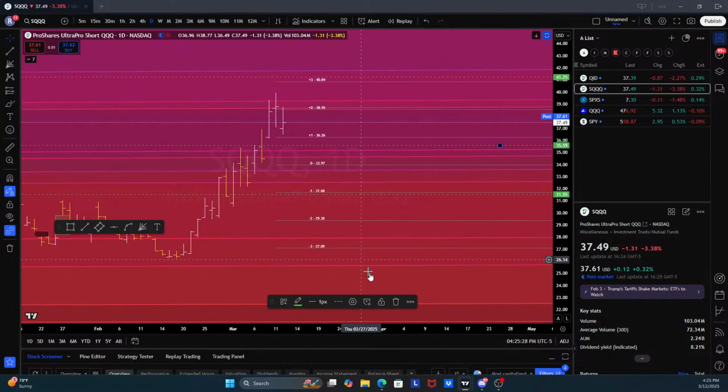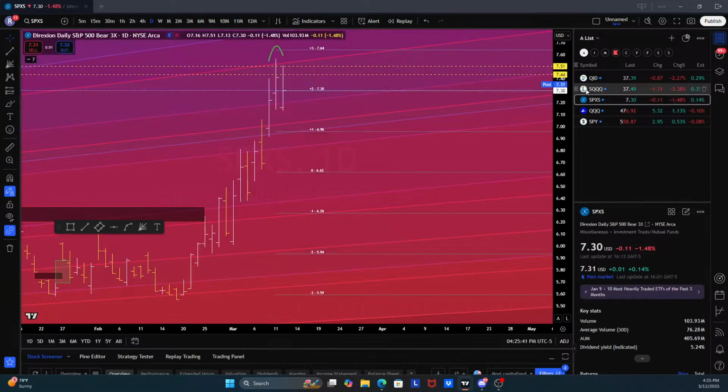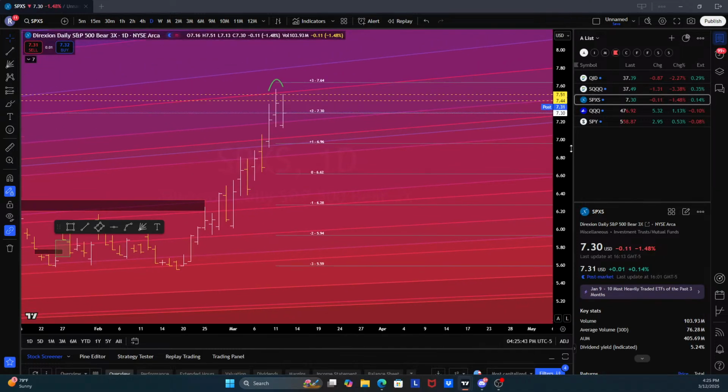So what I've been showing you guys a lot of is SQQ. I've done SQQ and also SPXS, and both of those are inverse tickers of SPY and QQQ.